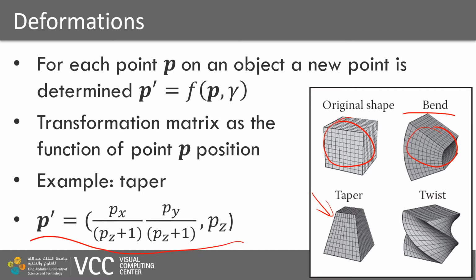We have an XYZ coordinate, and with an increasing Z, we will be dividing our X and Y coordinates by the Z value, so that the higher it is, the smaller the X and Y coordinates will be, because they will be scaled by 1 divided by the Z coordinate plus 1, just as a detail.